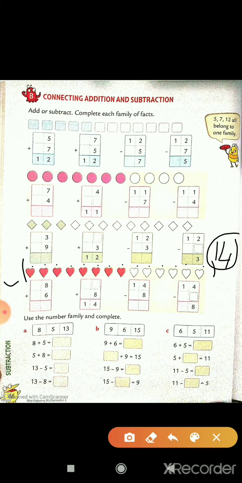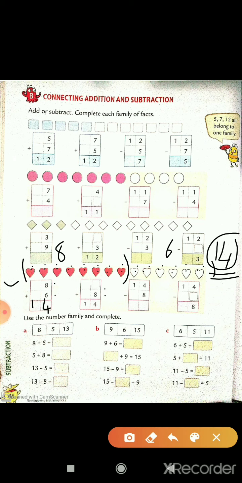How many are colored? 1, 2, 3, 4, 5, 6, 7 and 8. 8 are colored, and 1, 2, 3, 4, 5, 6. 6 are not colored. So 8 plus 6 is equals to 14. So this is our first fact, that is 8 plus 6 is equals to 14.